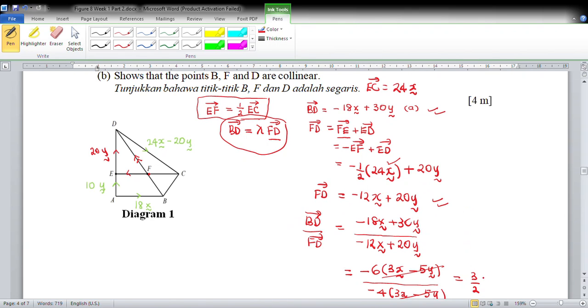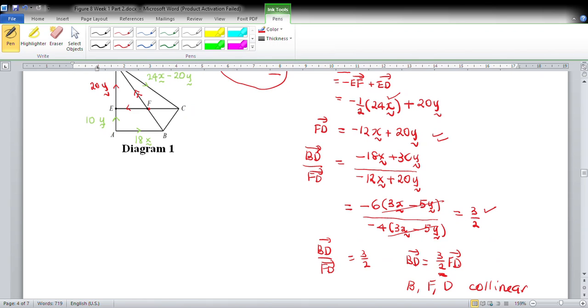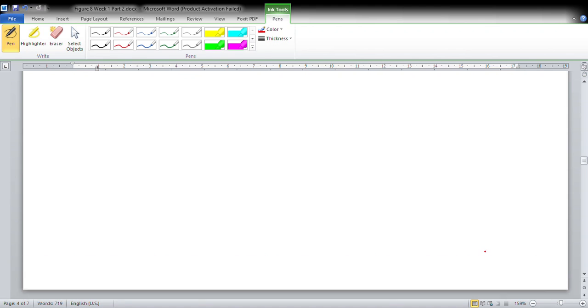Your marks will come from various parts depending on the marking scheme of that particular year. Here they give 4 marks for this. The final mark will be for being able to write the 3 over 2. Okay. So again, earlier part.